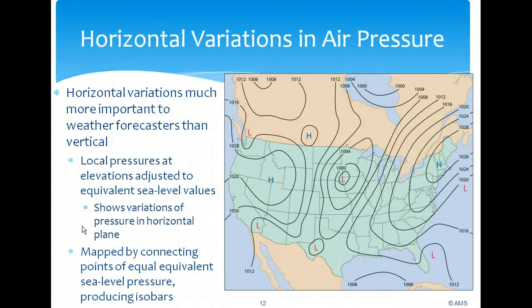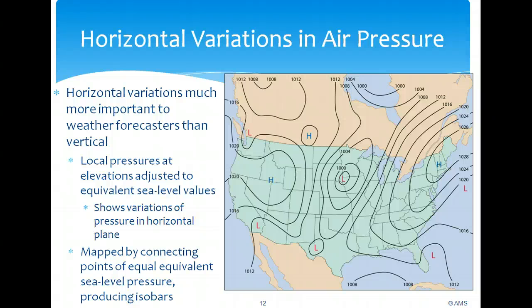Now, even though vertical changes in air pressure are important, generally we're more interested in the horizontal variations in air pressure because they're much more pertinent to weather forecasting. Again, we don't want air pressures to be related to elevation of the land. So weather observers determine an equivalent sea level air pressure value for stations located above sea level.